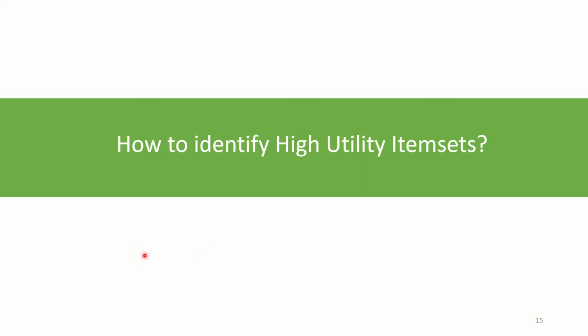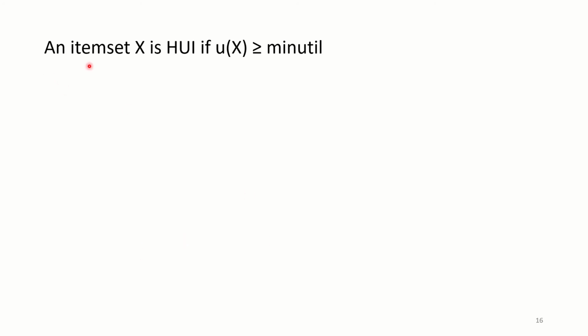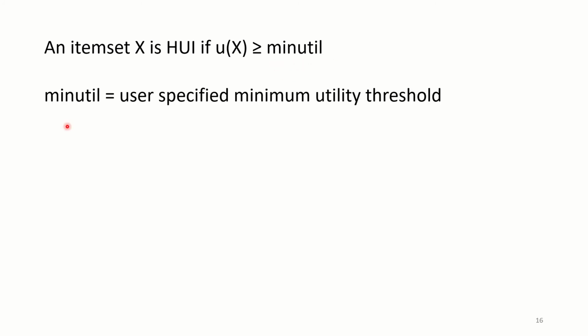So now that we can find the utility of items, how do we identify high utility item sets? An item set X is a high utility item set if the utility of X is greater than or equal to the minimum utility. The min util is the user specified minimum utility threshold.